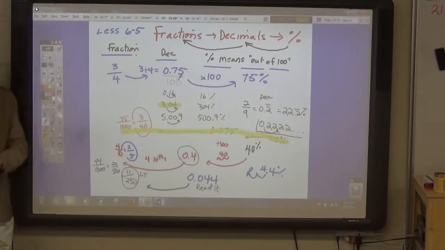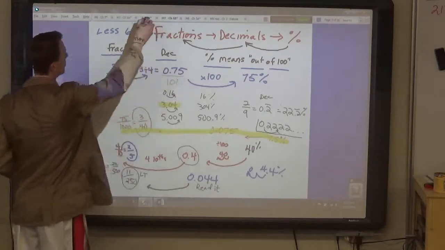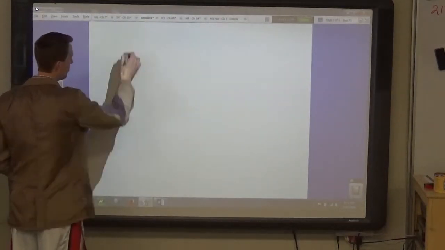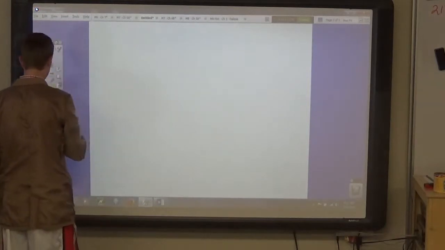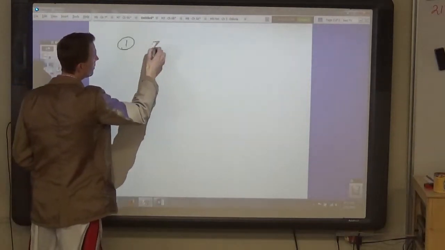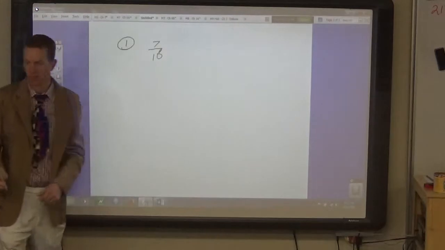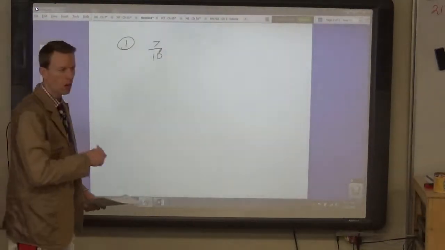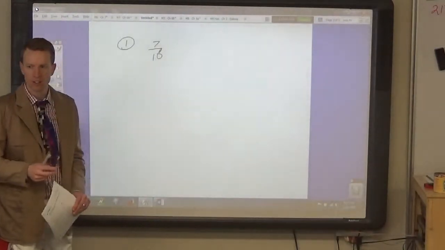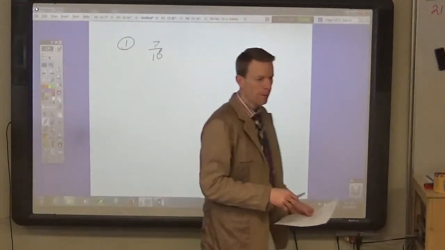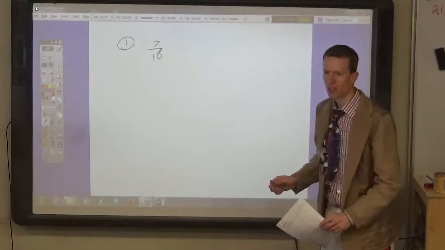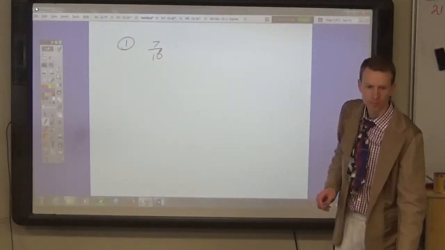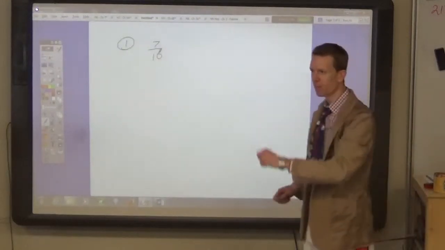Convert the fraction to a percent. Number 1, 7/10. A fraction to a percent. So all the way to a percent. There's 2 steps. How do you convert this to a percent? Yep. Sam?